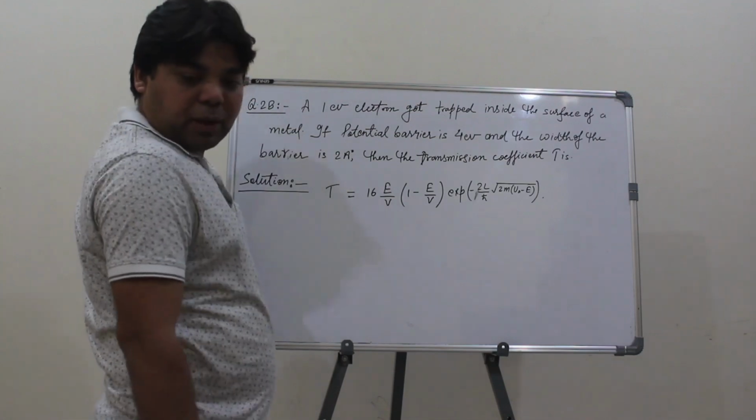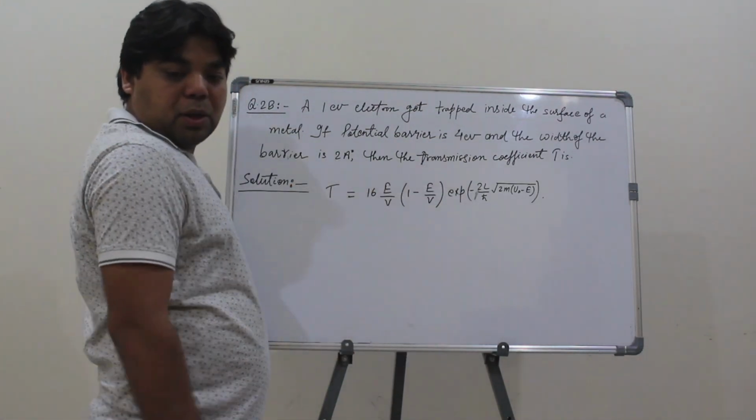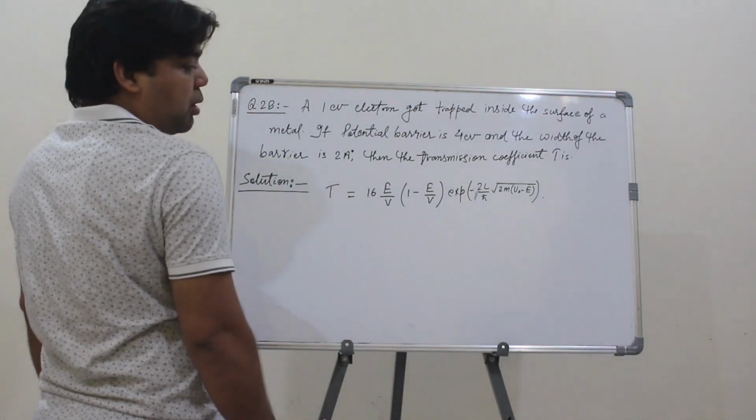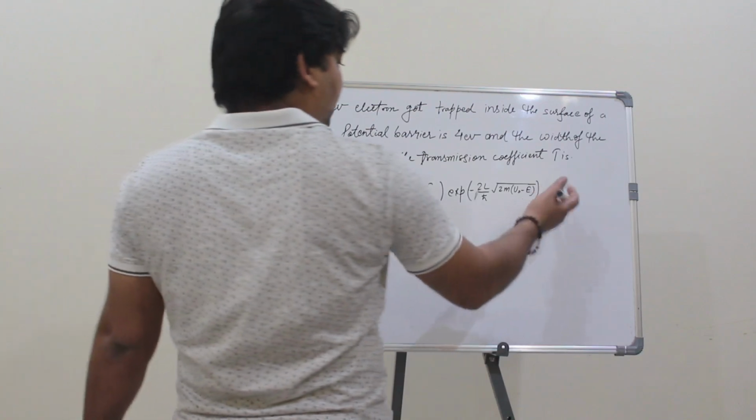So this is the formula we have. Or U naught can be written as V.